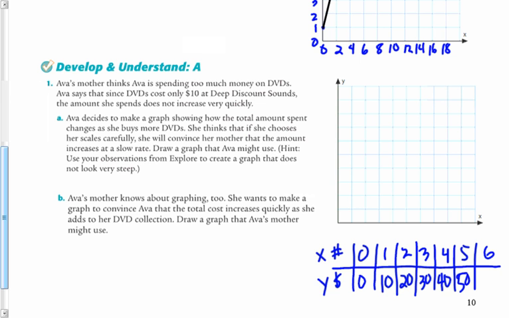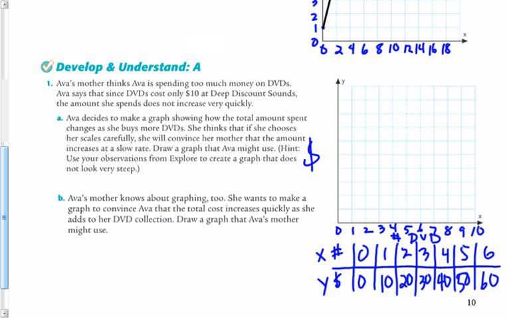Now, let's pick our values on our axis carefully. We're going to have our money spent over here, and our number of DVDs down here. Let's stick with going up by 1s for the x-axis for now. And what we want is this to look really flat.